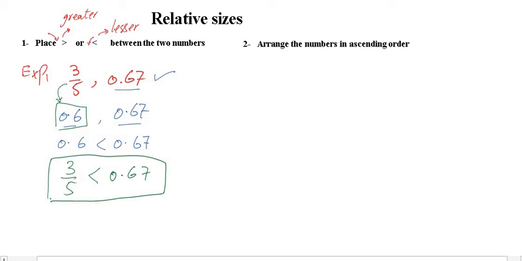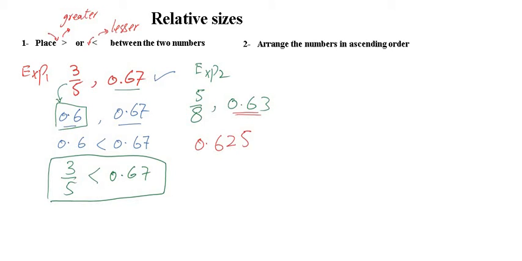Let's take another example. If we are given two numbers like 5 out of 8 and 0.63, use the calculator. 5 out of 8 equals 0.625, and the other number is 0.63, so 0.6 is the same and 0.62 is smaller.